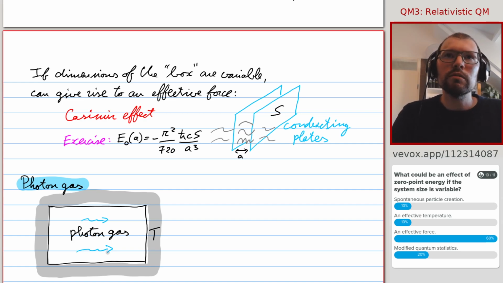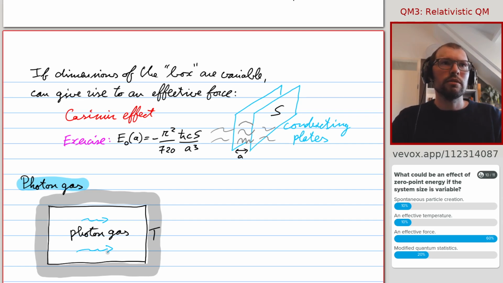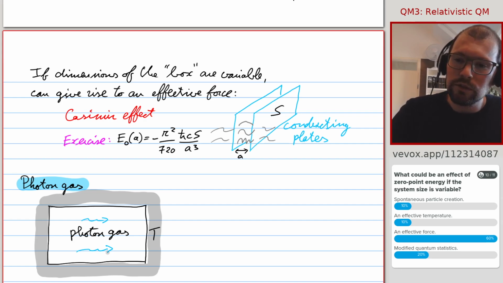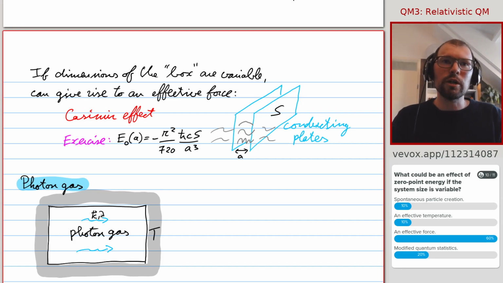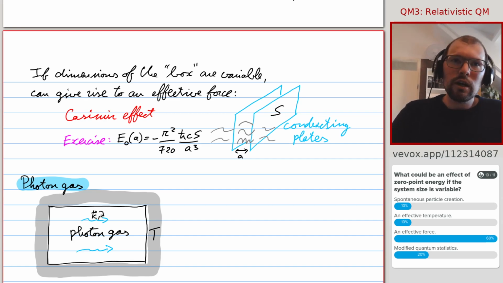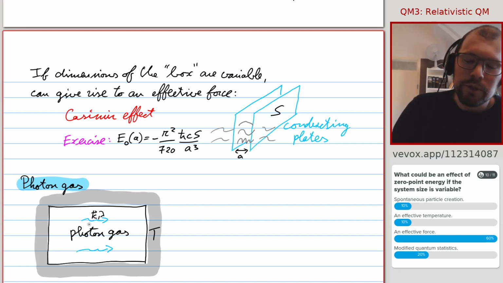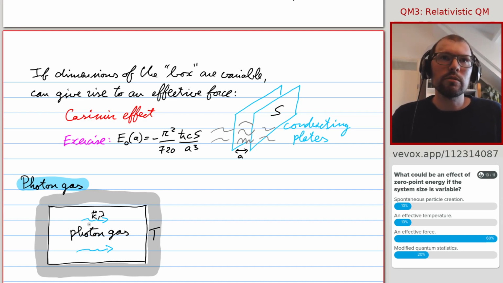Then what does that mean for the distribution of photons inside of this enclosure? That is the question you would like to answer. In particular, we want to know how many photons there are in the Fourier mode with a particular wave vector k and a particular polarization.